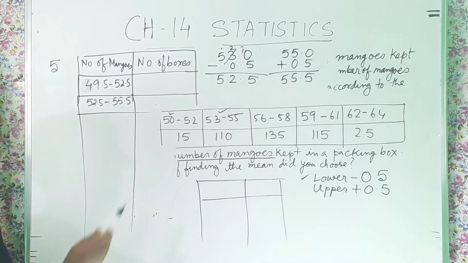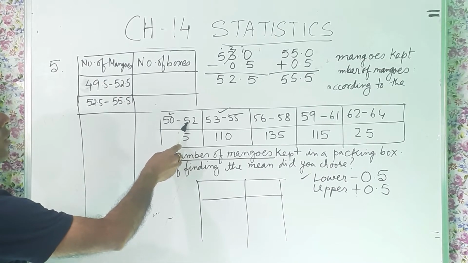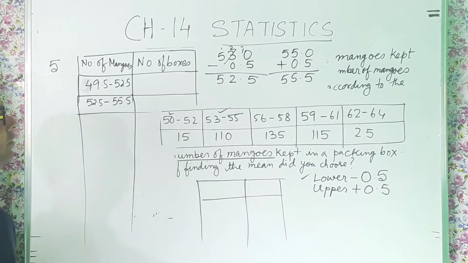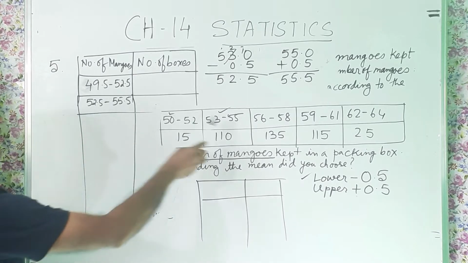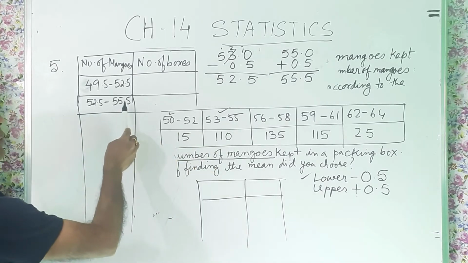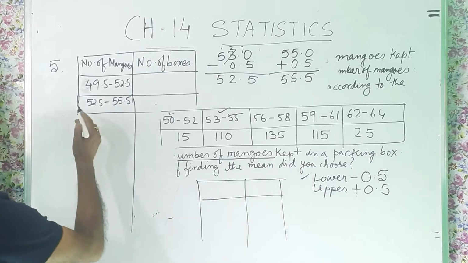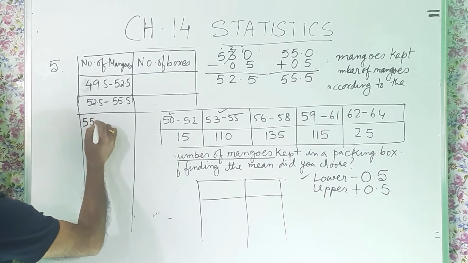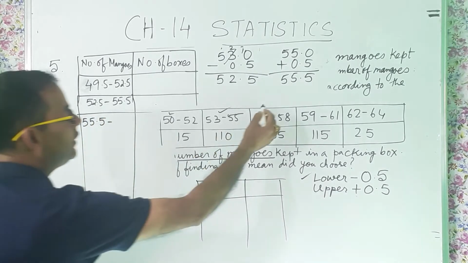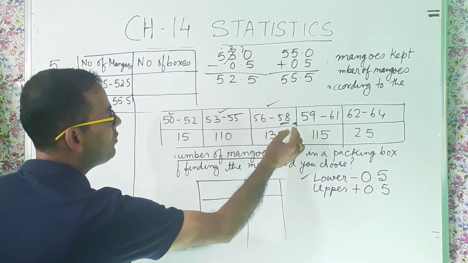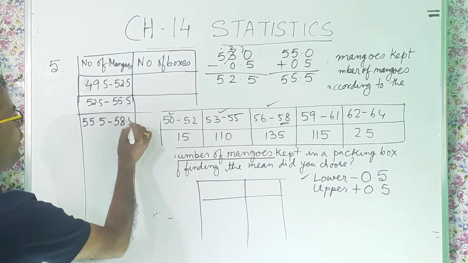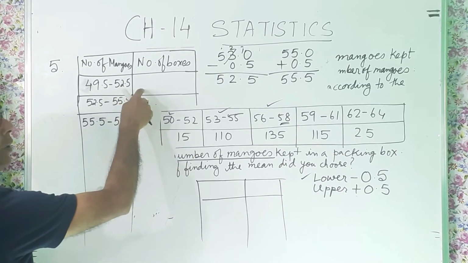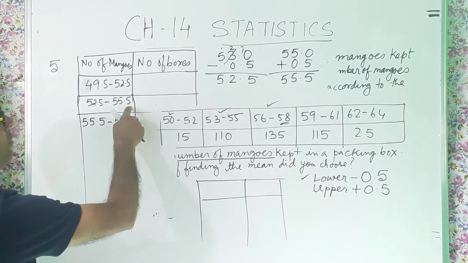Now if you see here in the first column, this 52 became 52.5 and the next one is starting from 52.5 only. So it is finishing here, 55 is becoming 55.5. So it will start with that same only, 55.5. This one is finishing at 58. So 58 will become 58.5, because 52 became 52.5, 55 became 55.5.